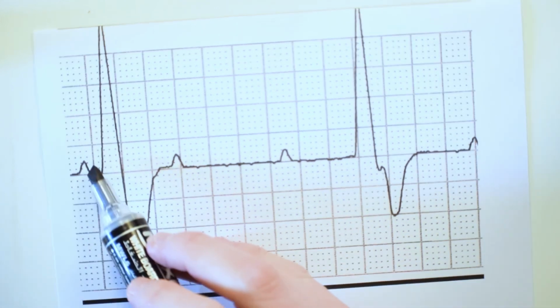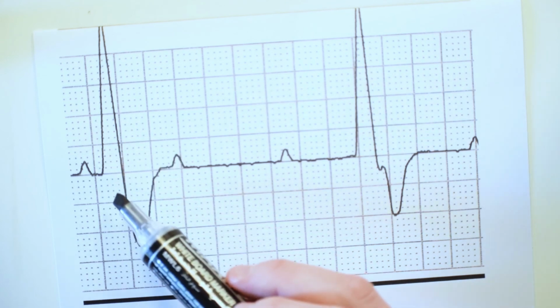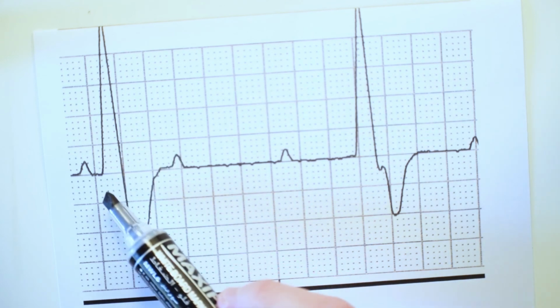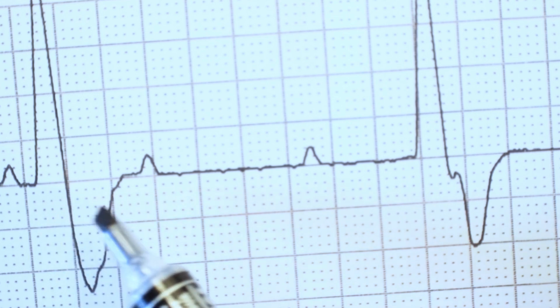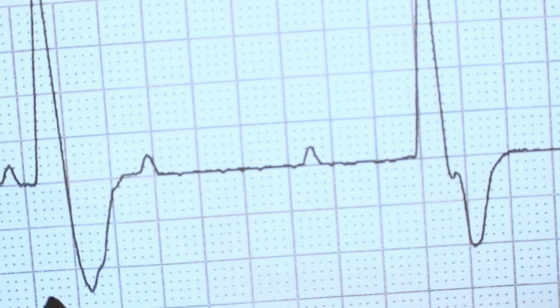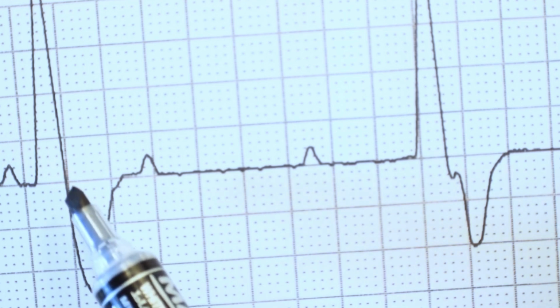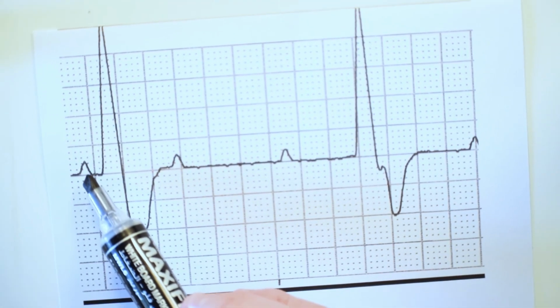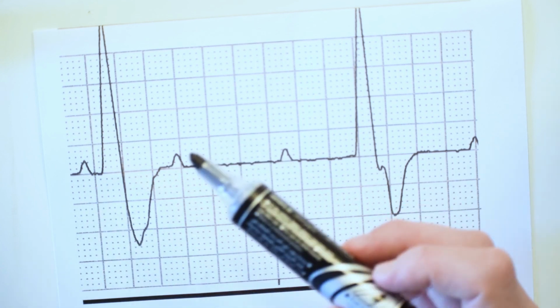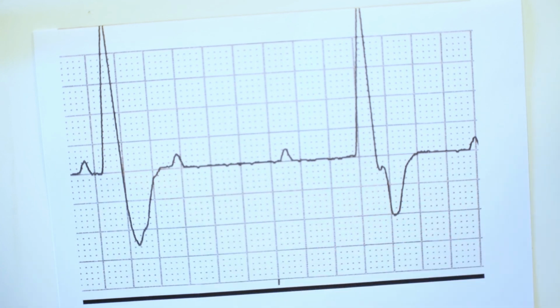So we have a P wave, we have a QRS that's clearly very broad. It can't be more than 3 little blocks, and it's 1, 2, 3, 4, 5, it's almost 10 little blocks. So it's probably a ventricular rhythm. However, we have P waves, so the sinoatrial node is doing something, but I also don't see any T waves.